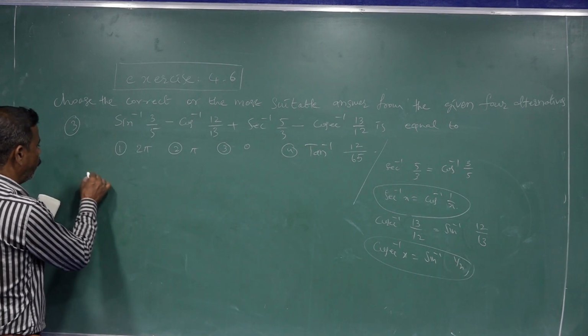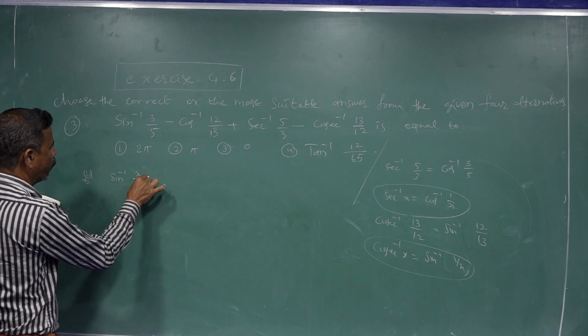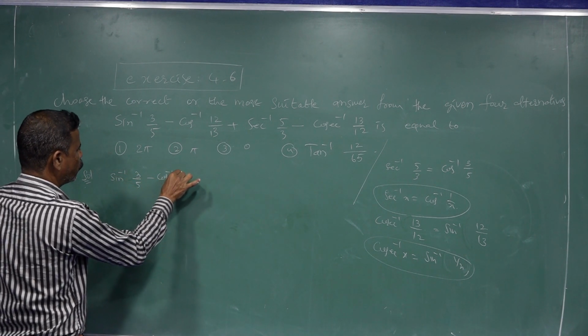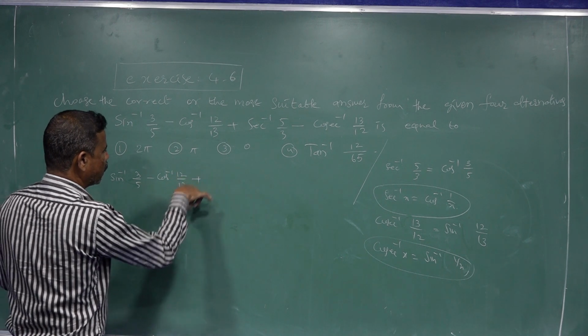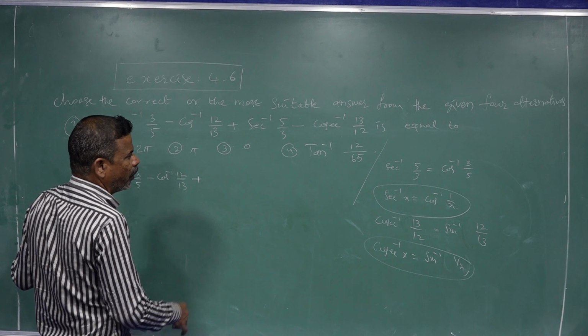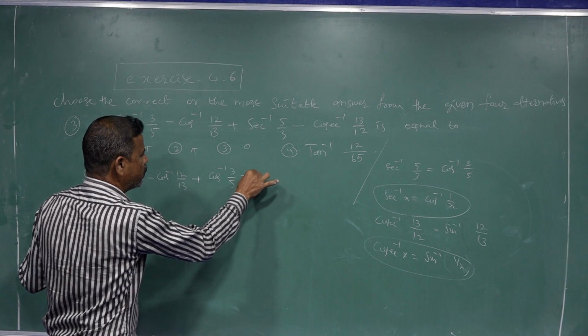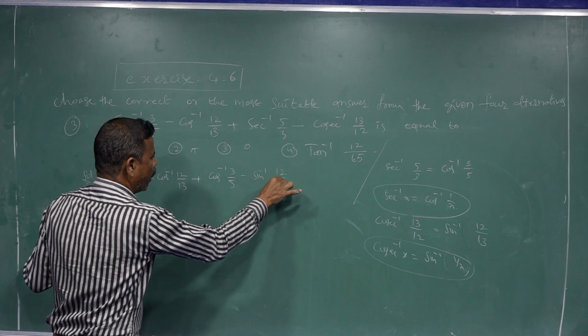Now, given problem: sin inverse of 3 by 5 minus cos inverse of 12 by 13 plus sec inverse 5 by 3, which is cos inverse 3 by 5, minus cosec inverse, which is sin inverse of 12 by 13.